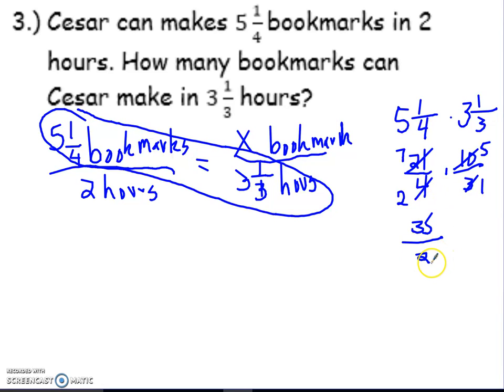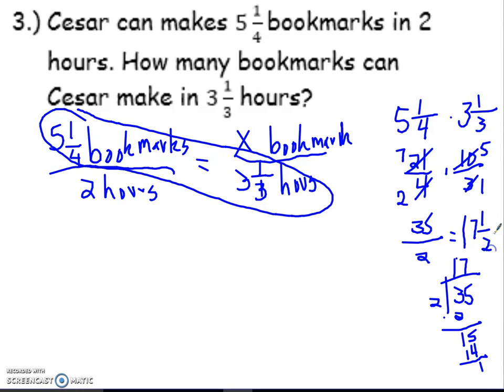We can turn it out, 35 halves. We go in there 1 time, 7 times. So we have 17 1/2.